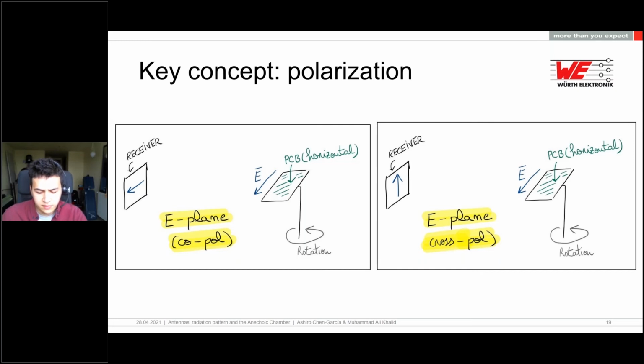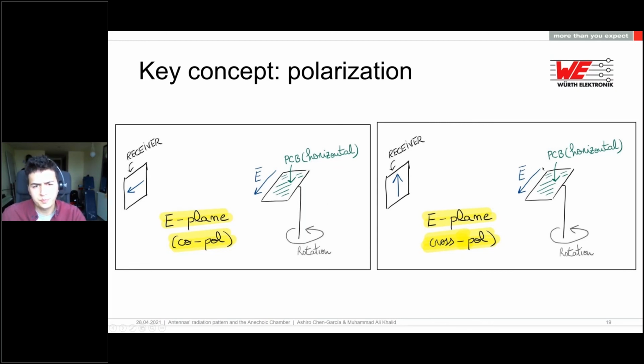Then we also define two planes, the E plane and the H plane, which are perpendicular between them. So depending on the orientation, we will be measuring one plane or another, and one polarization or another. In this case, we can see that we have copolarization because both the transmitter and the receiver are with the same polarization.